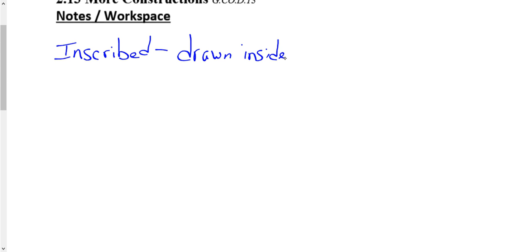So if we're going to inscribe one figure inside of another one, let me define what that is. Inscribe means the figure is drawn inside another figure, or constructed even.